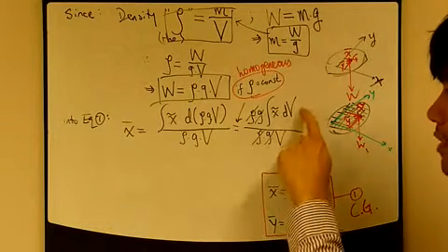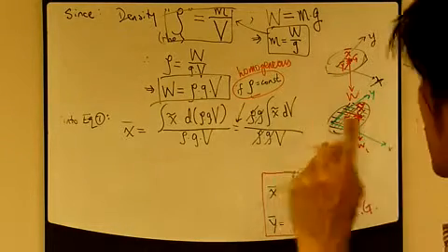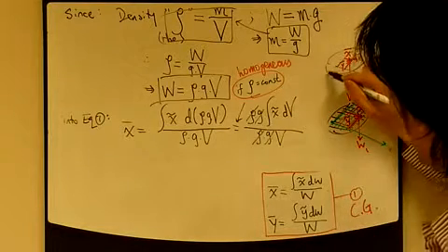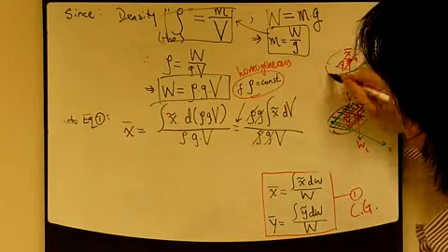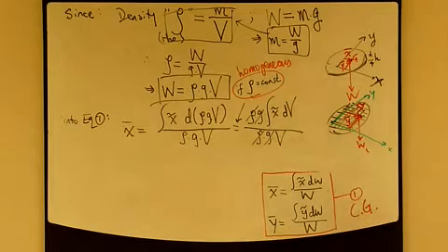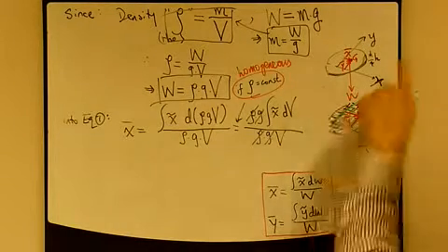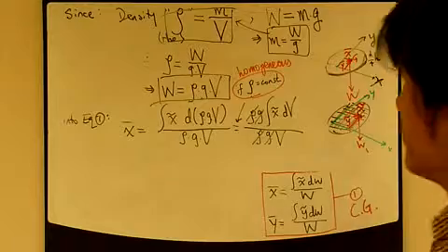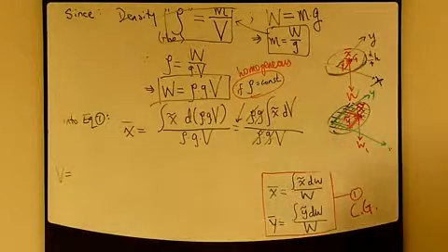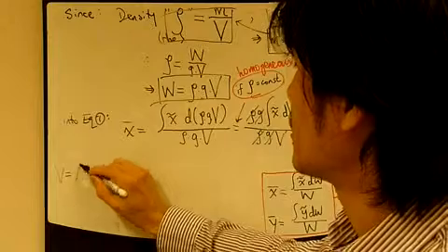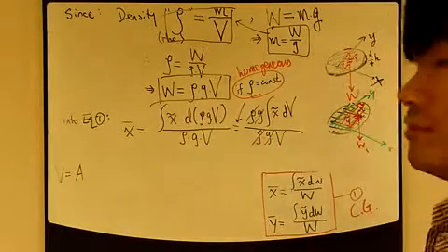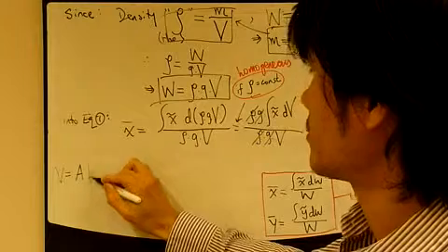Let's do something with this V right here, the volume of this piece right here. Remember that I have added a little tiny thickness, h. So the volume of this piece is simply equal to the surface area times h.